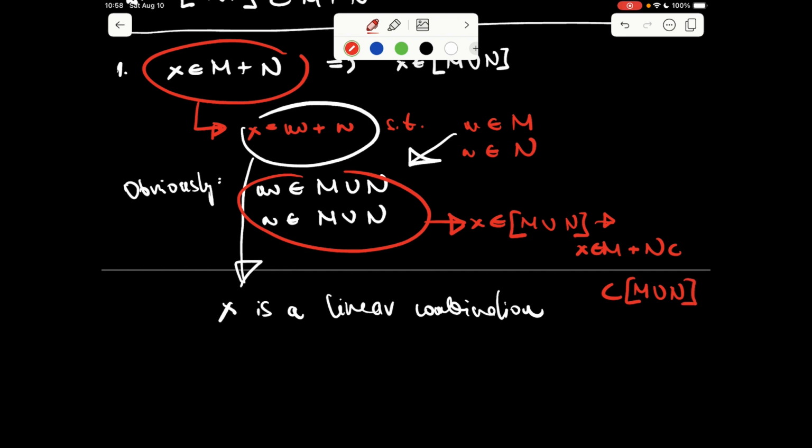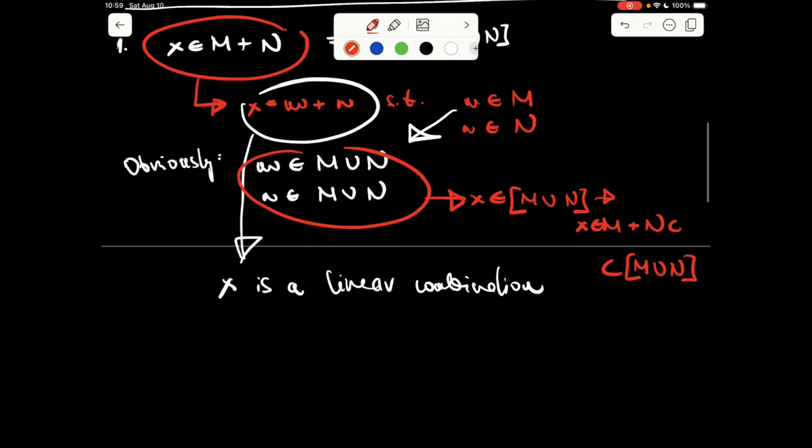So once again, as m is an element of the union of M and N, and n is also a vector in the union of M and N, X is in the subspace generated by M union N, because X is a vector which is a linear combination of vectors in M union N. So this is the first step.